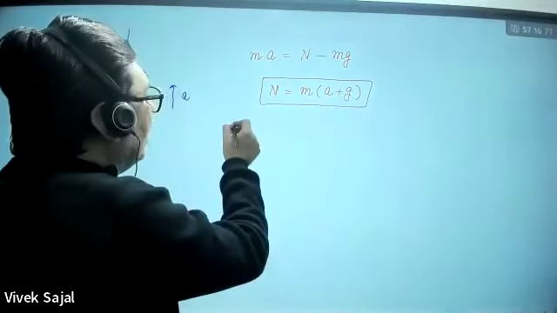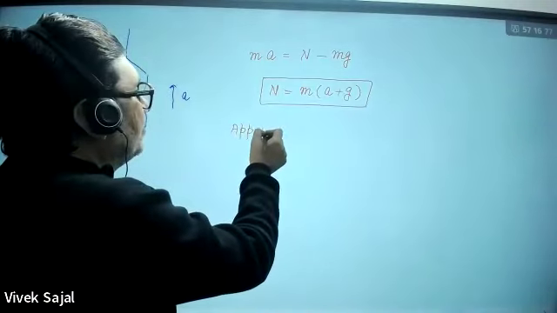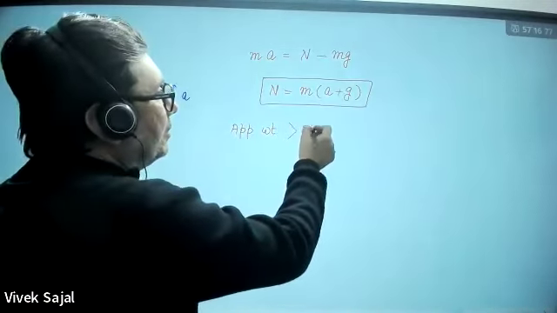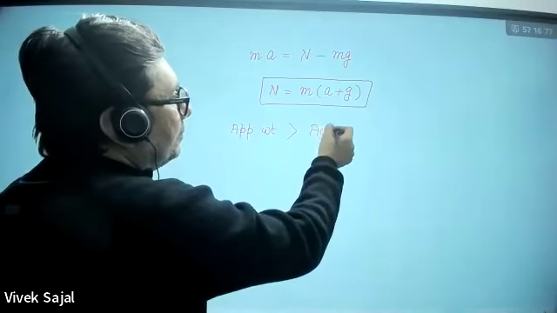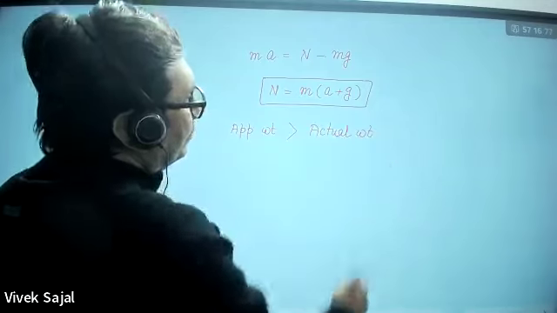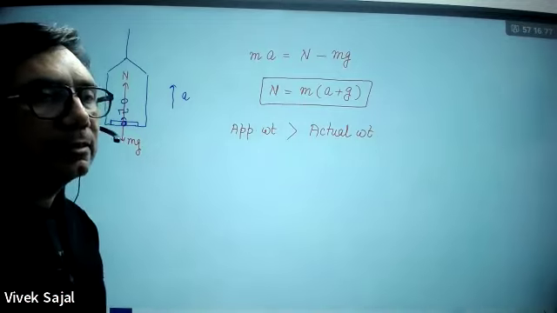So in this case, apparent weight is greater than actual weight mg. Actual weight is mg. This was the fourth case.